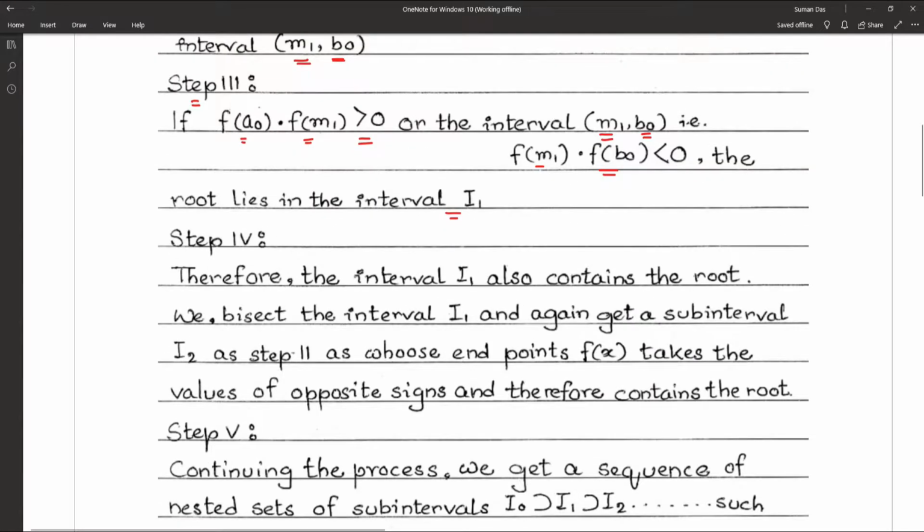Step 4: therefore, the interval I1 also contains the root. We bisect the interval I1 and again get a subinterval I2, as in step 2, at whose endpoints f(x) takes values of opposite signs and therefore contains the root.